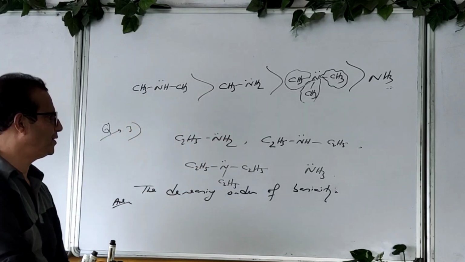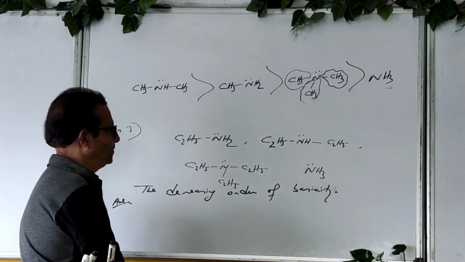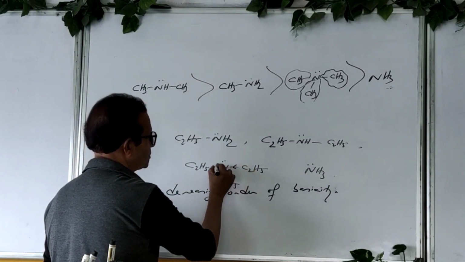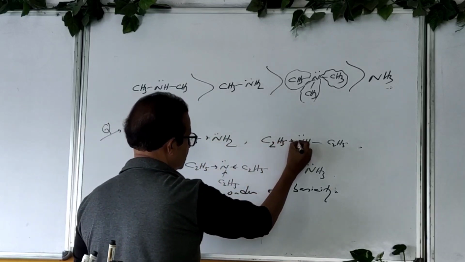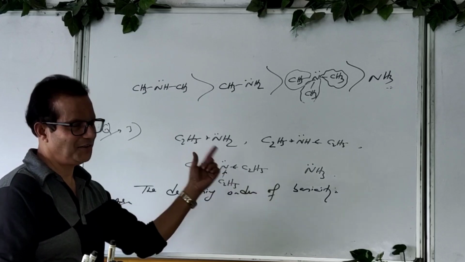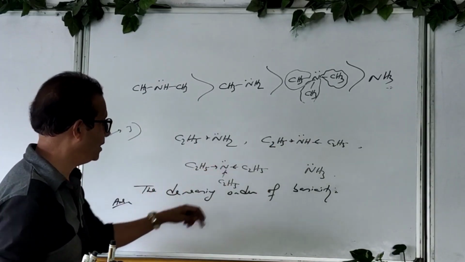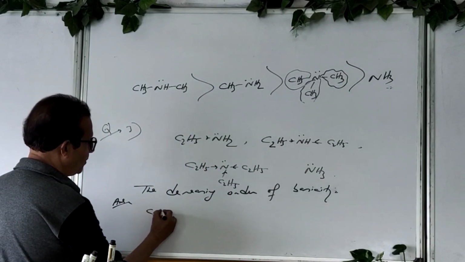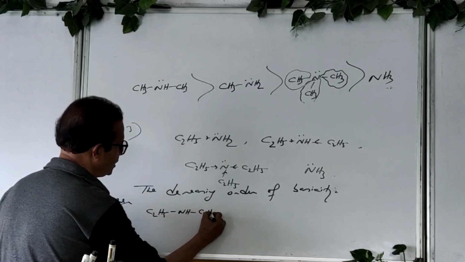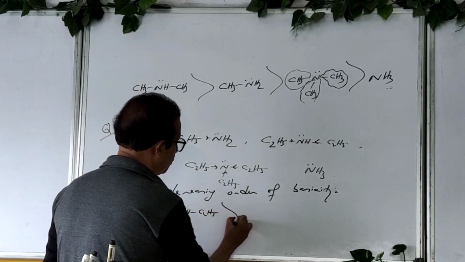Same question, same format. Which one is most basic? You see, sir, there are 3 electron donating alkyl groups. It has only 1, it has 2. So this is the most basic. Correct? No. This is not the most basic. Again here, diethylamine is the most basic.